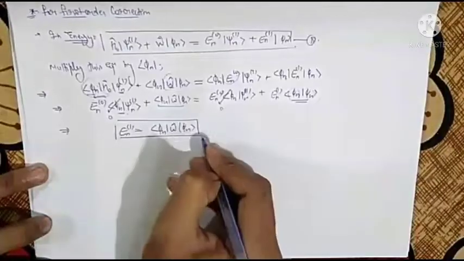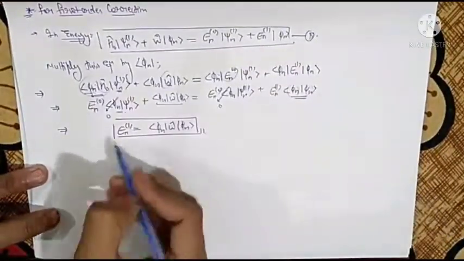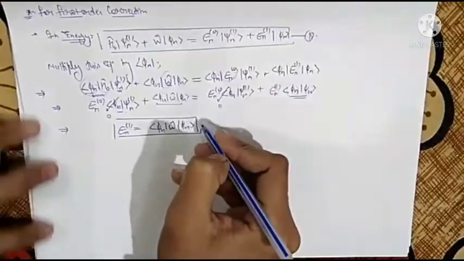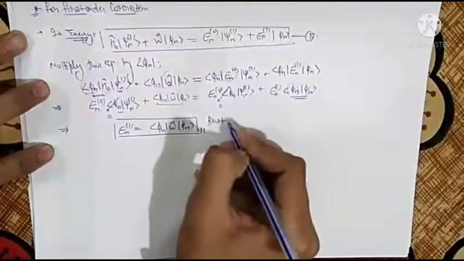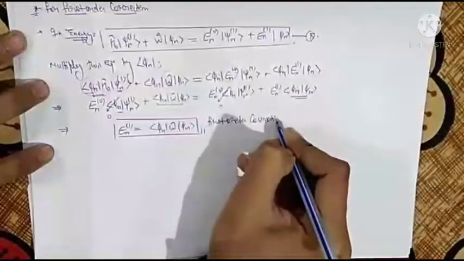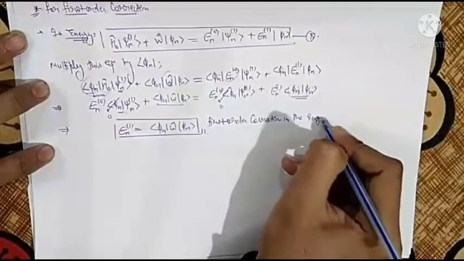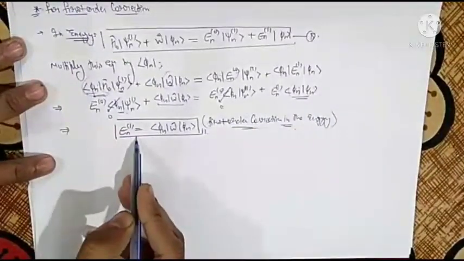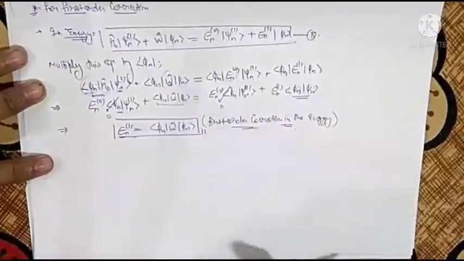So we have calculated the first order correction in the energy. So this was the first quantity that we were looking for, and we got it by doing this very simple algebra.